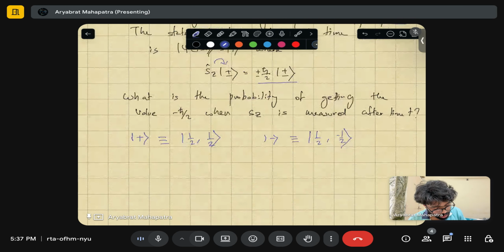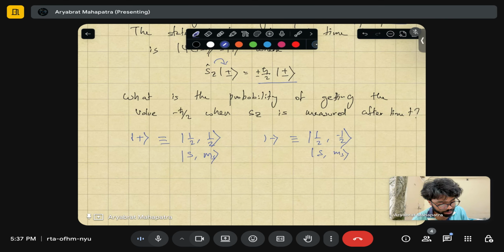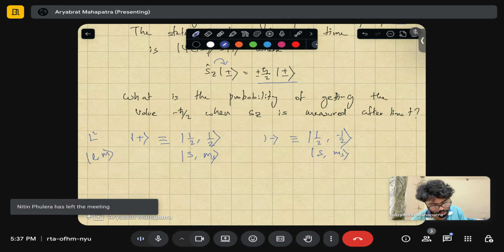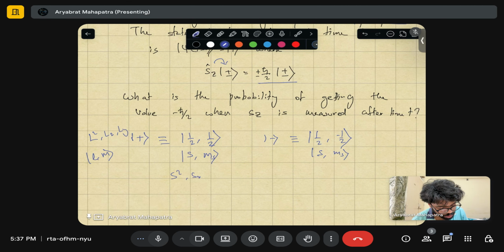This is the same as what I was telling you at the beginning: the spin eigenstates are denoted as S, m_s, just like how you denote l, m for the orbital angular momentum operators L square, Lx, Ly. In the same way, for S square, Sx, and Sy, you use this notation.